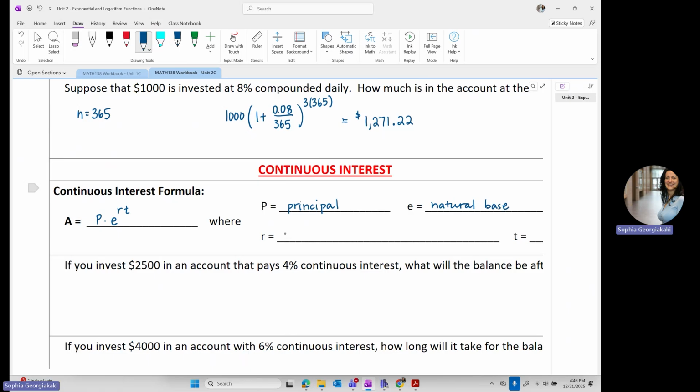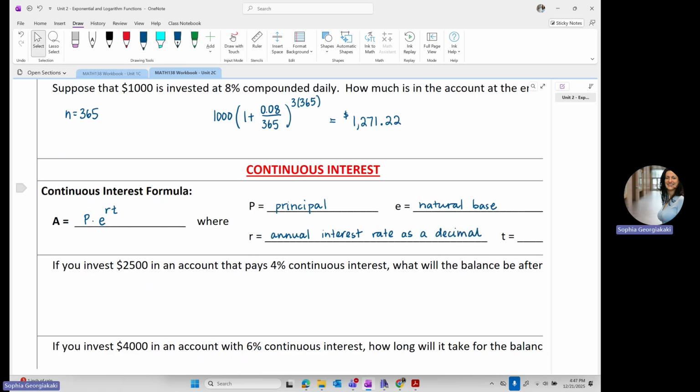R is the annual interest rate as a decimal. And T is the number of years.